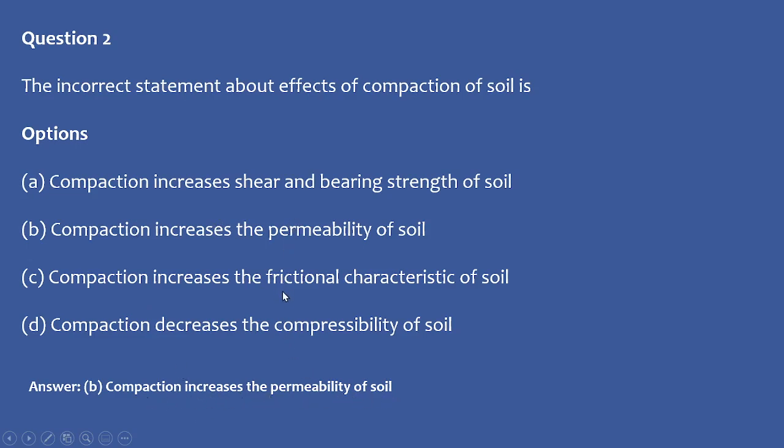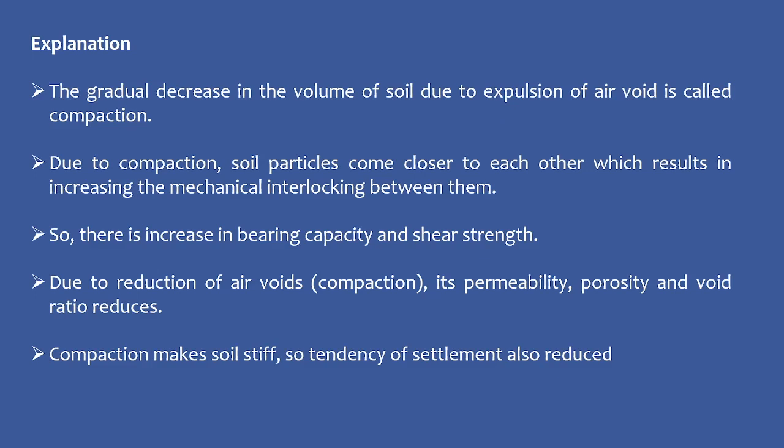All three other statements are in favor of the effects of compaction of soil. Let's see the reason behind that. With compaction, there is a decrease in the volume of the soil, which expels the air void out of the soil, and that process is basically the compaction.